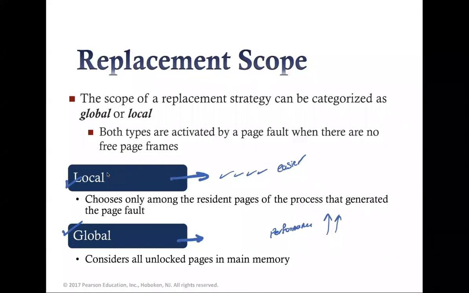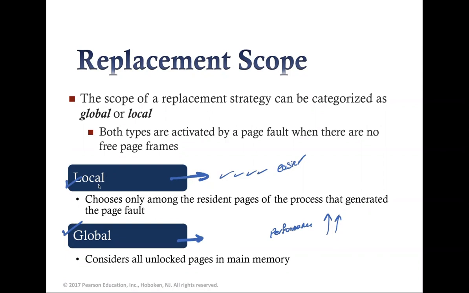The only reason sometimes we use local is because it's simple and it might need some minimum overhead, but it does not guarantee that they perform well as compared to the global replacement scope.